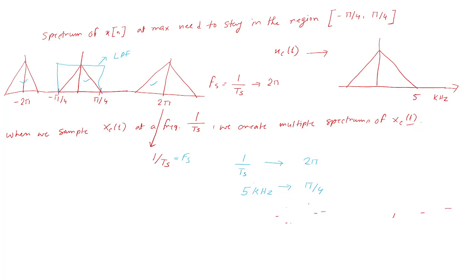Therefore 2 pi corresponds to 40 kilohertz.